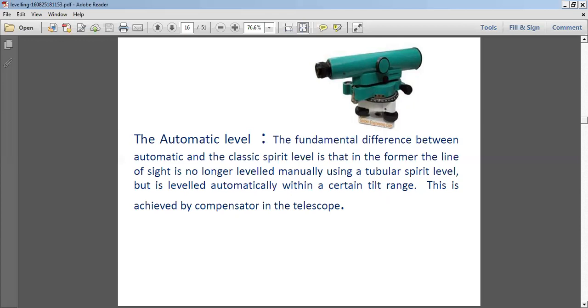You can use the spirit level which is given along with this automatic level, and by the use of the spirit level we can level the instrument easily. As compared to the tilting level or others, which take a long time to level the instrument.